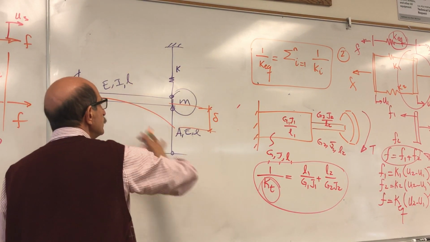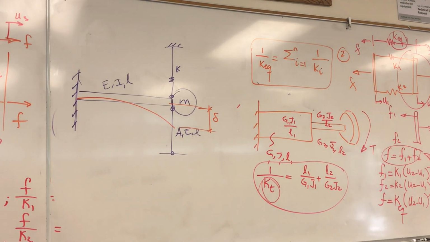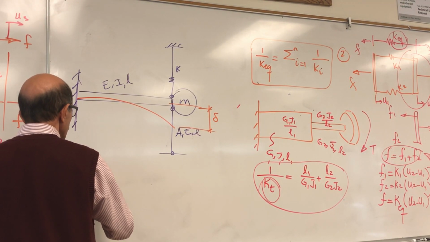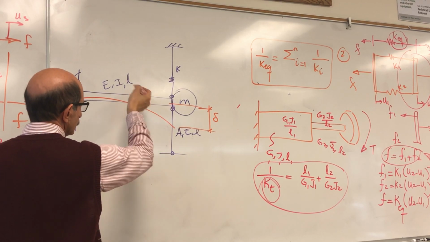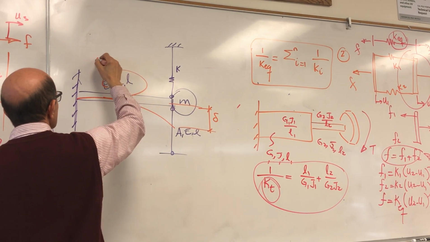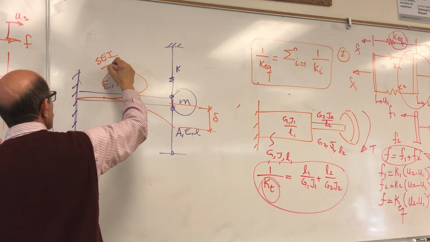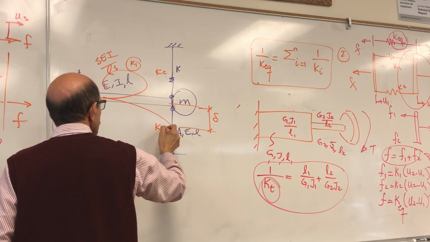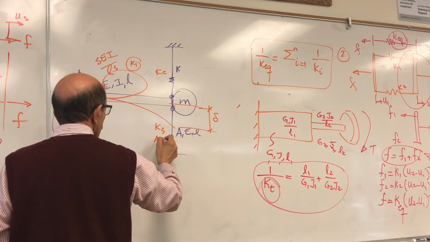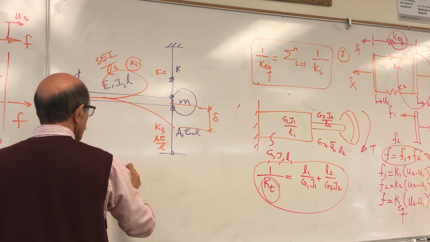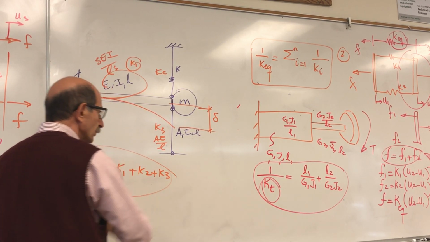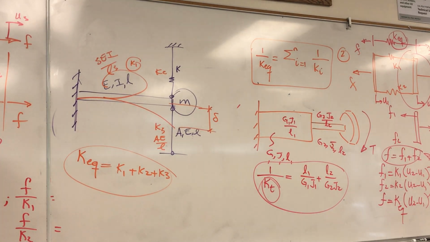So all these three are actually in parallel. That means the total stiffness would be just whatever you find, 3EI over L cubed, if I call that K1, K2, K3, which would be AE over L, right? Would be K1 plus K2 plus K3. That's how you figure it out.